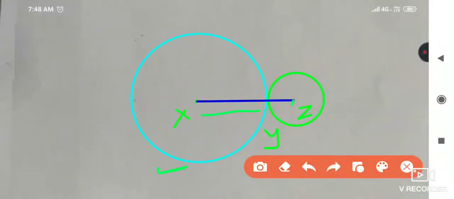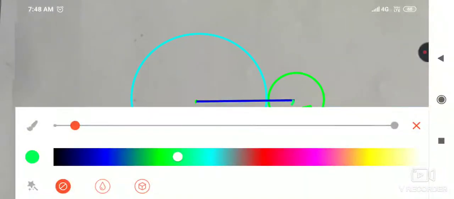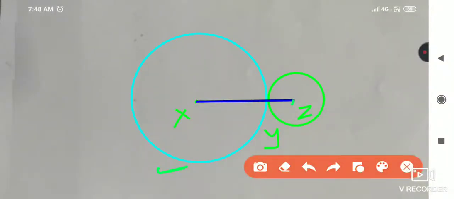Next, note both the circles intersect each other at point y. Next, draw a line passing through y and perpendicular to xz.